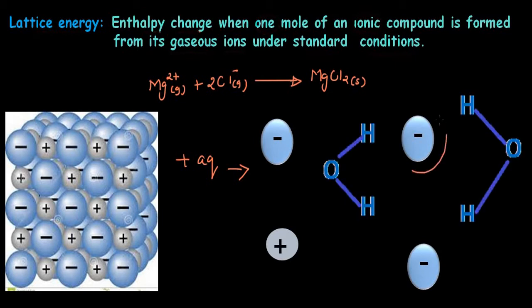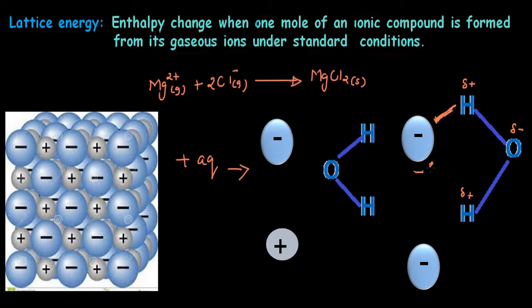If we consider this negative ion, it gets surrounded by water molecules, and this negative ion gets bonded to the partial positive hydrogen. So there is a bond formed between such oppositely charged ions here, which is shown with the help of such lines.